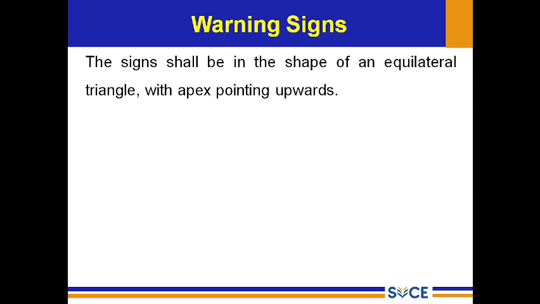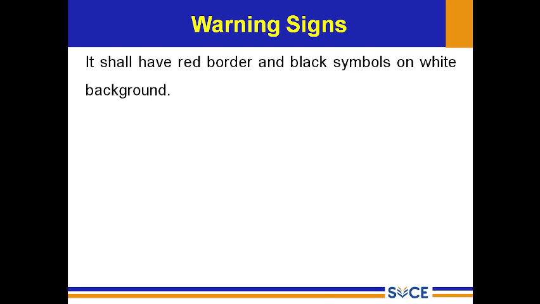Otherwise all warning signboards have the apex in the upward direction. It shall have a red border, black symbols on a white background. The border is a red color border of certain thickness to bring the attention of road users. On the white background, black symbols or letters are used.